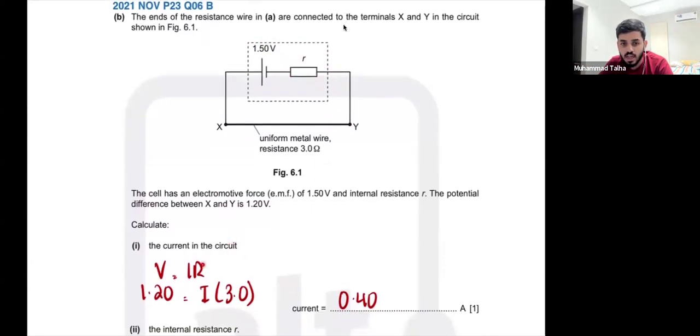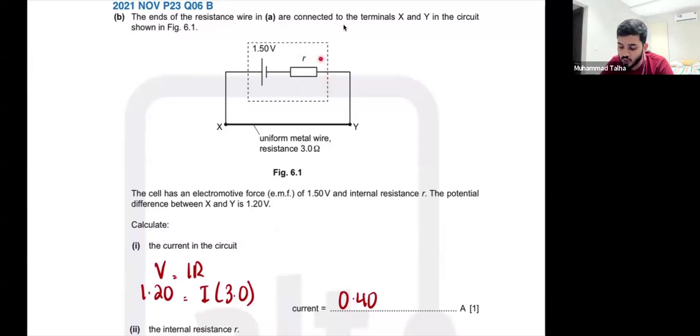Current in the circuit, so I have 1.2 appearing here, and this is the resistance of 3 ohms, right? So I can just use V equals IR, make I the subject, and the current turns out to be 0.4 amperes, right? Then the internal resistance R, how do you find this out? Again, there are a couple of ways.